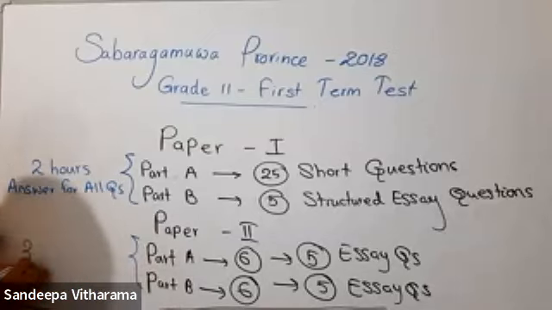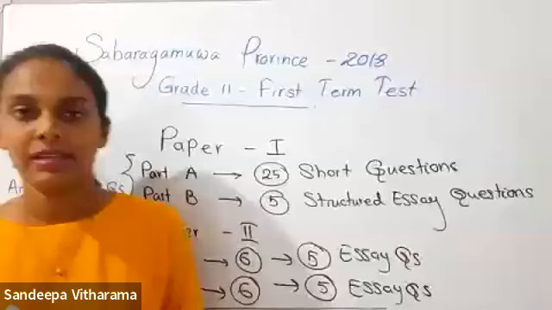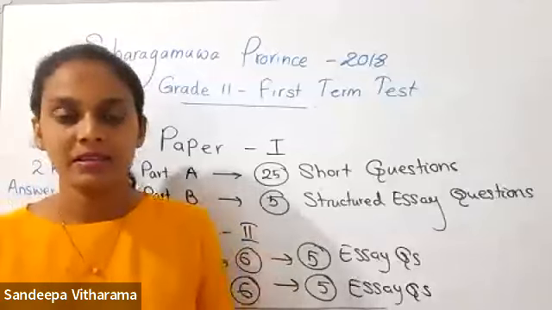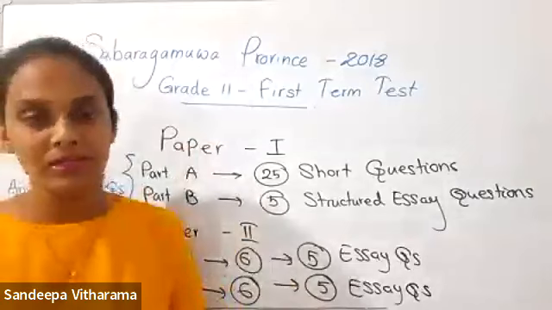In paper 2 it is 3 hours, and there is a chance to choose or skip 2 questions. But in paper 1, you have to remember that there is no chance to skip any question. You have to write the answer for all of these questions.